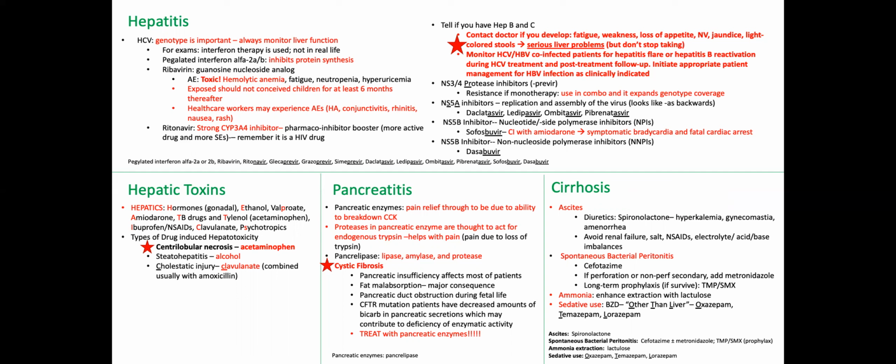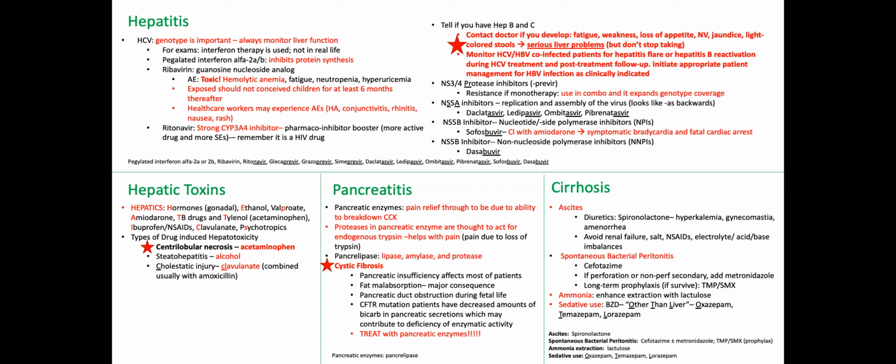If patients have this, they should not conceive children. Healthcare workers might get headache, conjunctivitis, rhinitis, nausea, rash if they come in contact with this drug. Ritonavir is a strong CYP3A4 inhibitor, so that means that if we give it with another drug, it increases the efficacy of that drug.